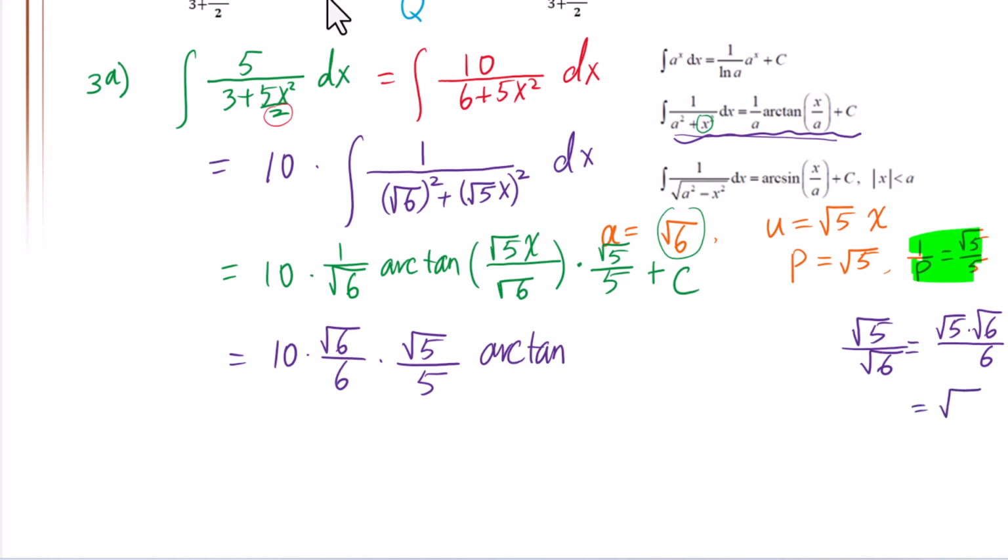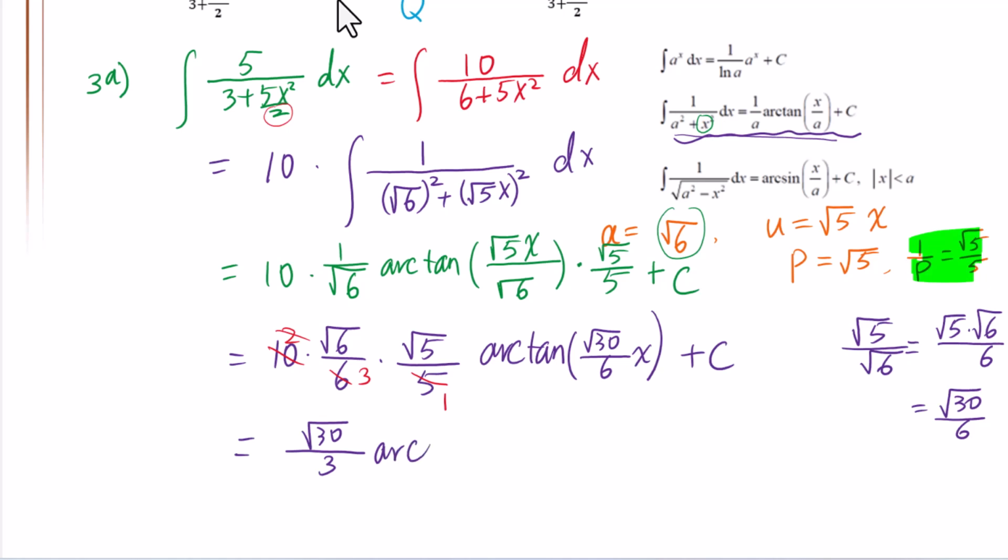Final answer, square root of 30 over 6. So we get square root of 30 over 6 x plus c. Reduce, we will get square root of 30 over 3 arctangent of square root of 30 over 6 x plus c.